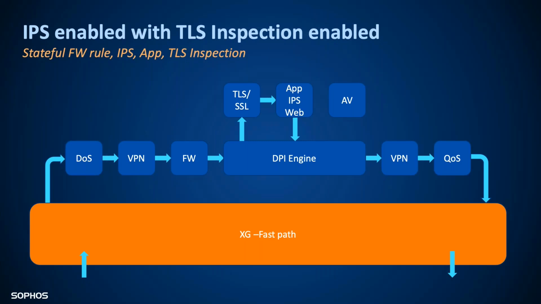Here the TLS inspection is enabled. The rule of thumb is any traffic, when TLS inspection is enabled, will be subjected to a TLS check to see if there is a client hello in the TLS traffic, to see if that traffic really has an SSL component in it.